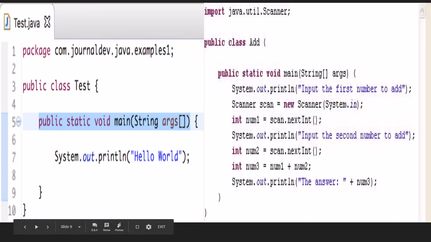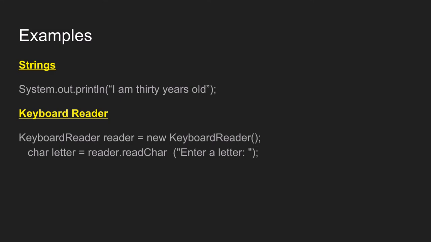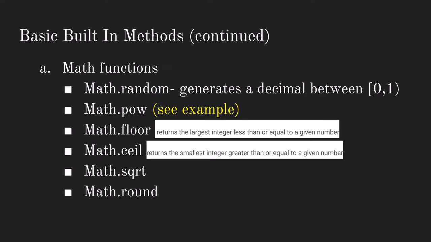An example of this could be, as you saw before, scan is the name, dot next, and then Int. And then usually scanners are used with print lines. So this is a print line right here: "I'm 30 years old."